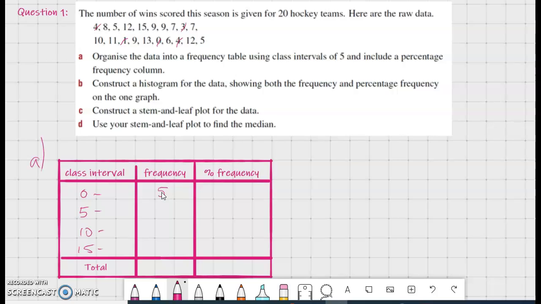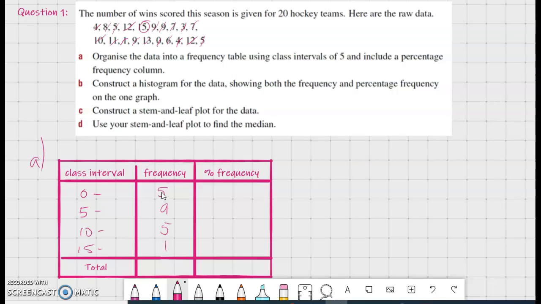The 5s to 9, we've got 1, 2, 3, 4, 5, 6, 7, 8, 9 of those. 10 to 14, we've got 1, 2, 3, 4, 5, and we've only got one 15, so we'll put that there.